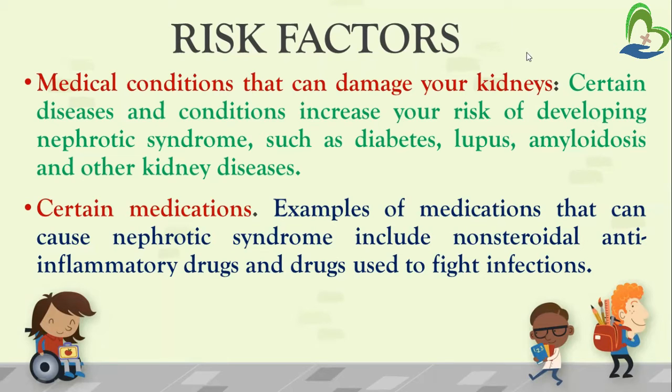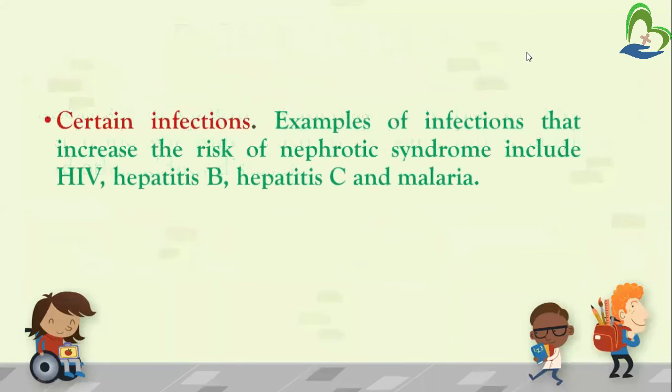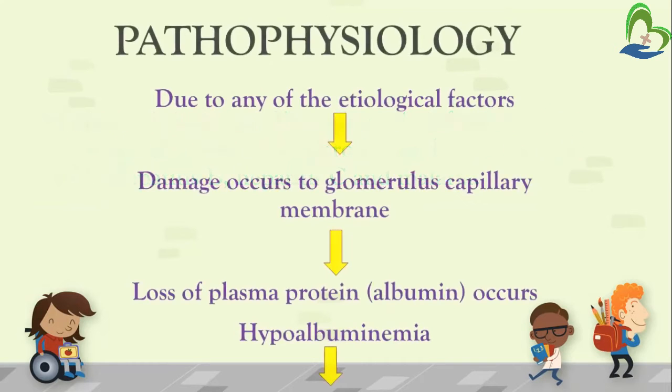Next are certain infections that damage the kidney and cause nephrotic syndrome. Examples of infections that increase the risk include HIV, hepatitis B, hepatitis C, and malaria.